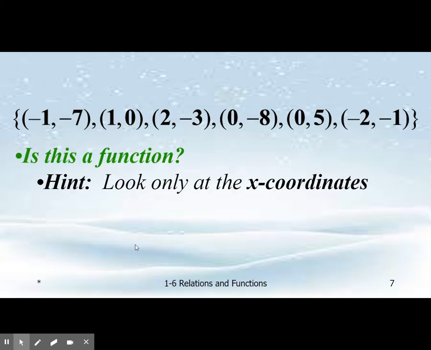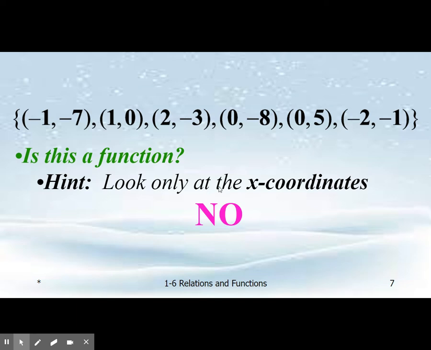All right, what about this one? What do you think? So we have -1, 1, 2, 0, 0, -2. Looking at the numbers that are only in the front, do I have any of the same number more than once? It's not a function.